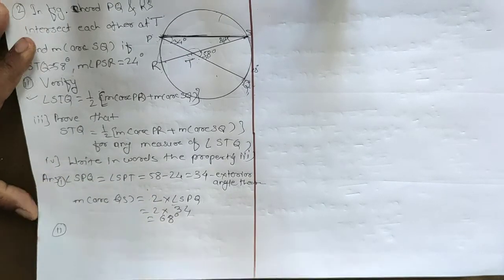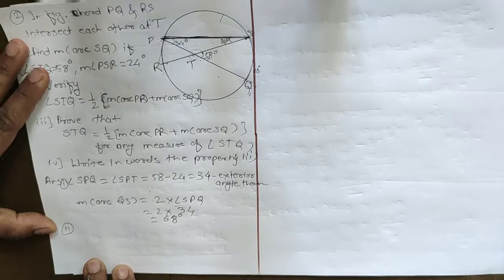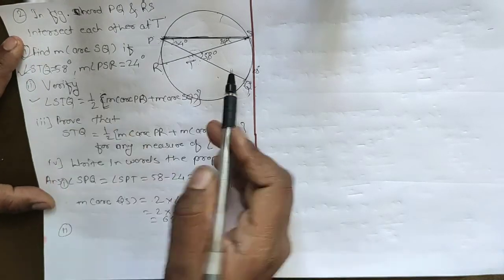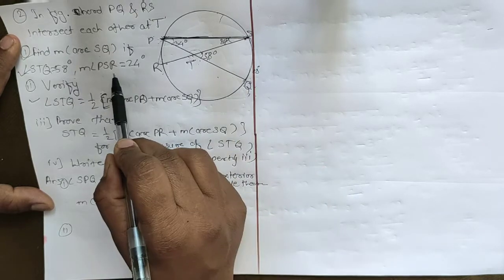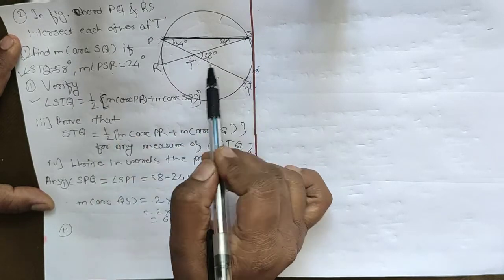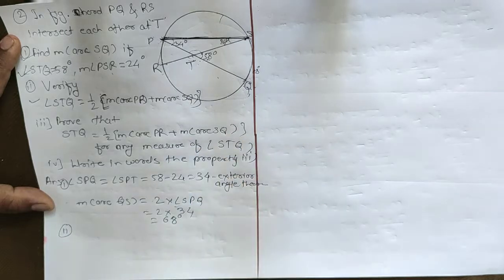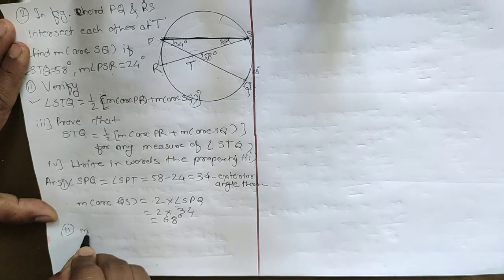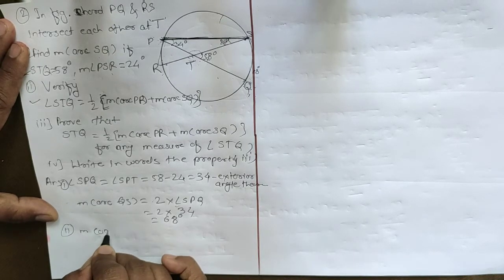What is the second question? What are they asking? We have to find the measure of arc PR, and arc SQ also, when angle PSR is equal to 24. So here write the measure of arc PR.